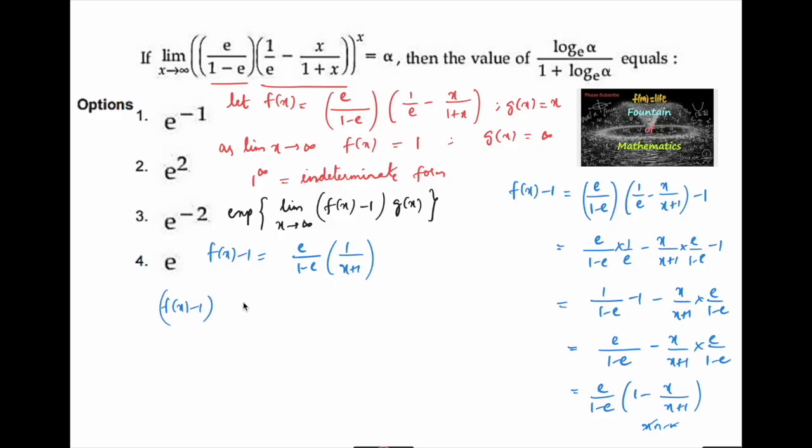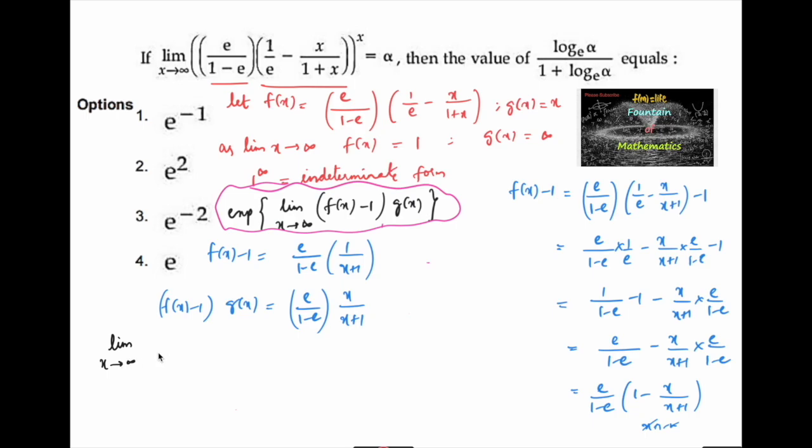So this is f of x minus 1, so f of x minus 1 into g of x is equal to e upon 1 minus e, this is a constant, into x upon x plus 1. Now as limit extends to infinity, e upon 1 minus e into x upon x plus 1, we can write limit extends to infinity e upon 1 minus e into x upon x taken common, 1 plus 1 upon x.